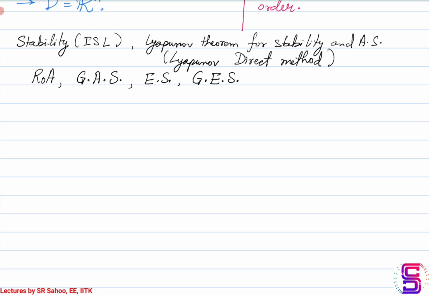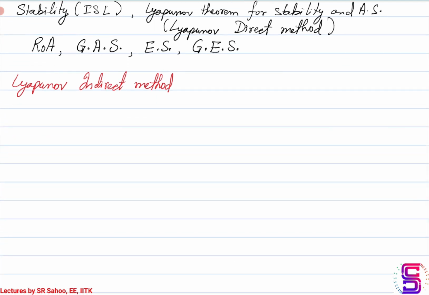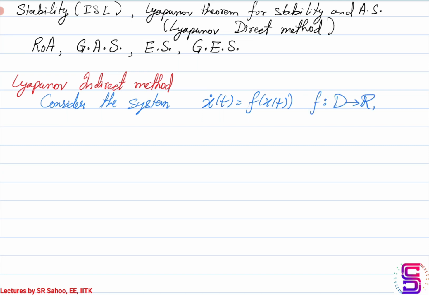The Lyapunov direct method has a counterpart known as Lyapunov's indirect method, and this method essentially involves the idea of linearization that we had seen. Consider the autonomous system x dot of t is f of x of t, with f being a map from D to R^n, D being a subset of R^n.